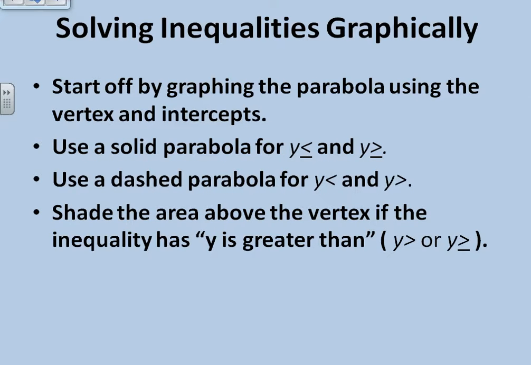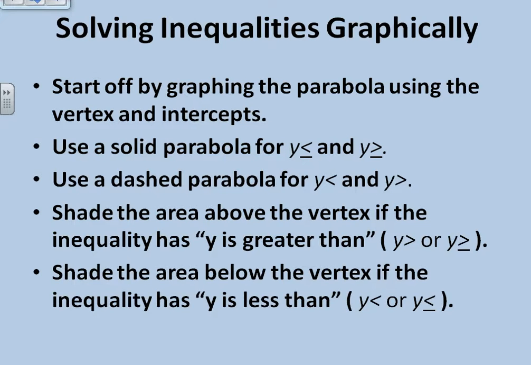Once we do that, we're going to shade the area on the graph that comes above the vertex of the parabola if the inequality has y is greater than, meaning greater than or greater than or equal to. And if it has y is less than, we're going to shade the area that comes below the vertex. The words above and below are pretty much just a starting point here.